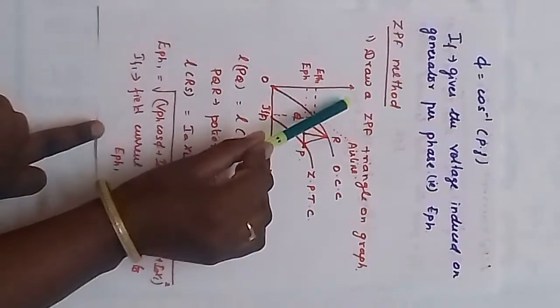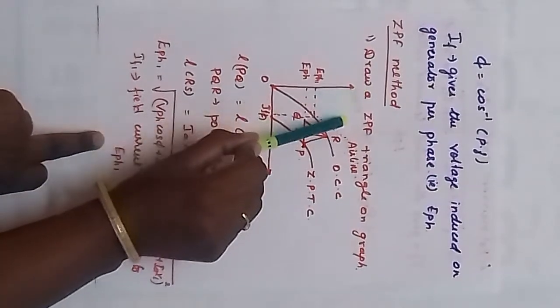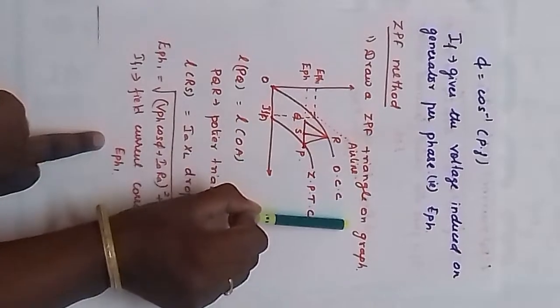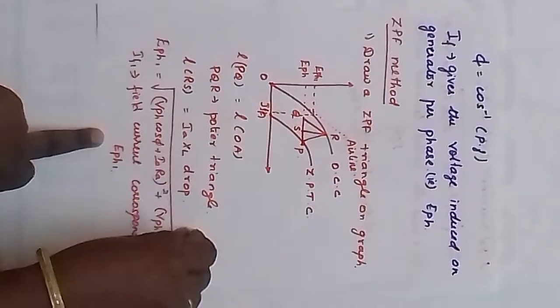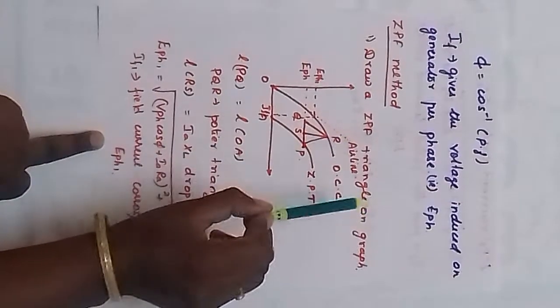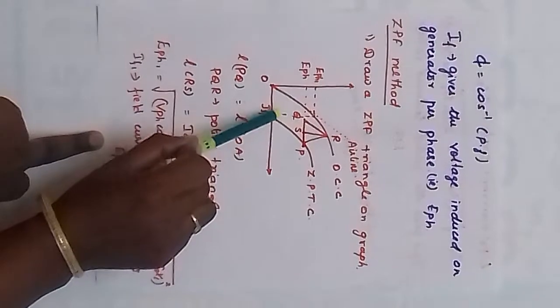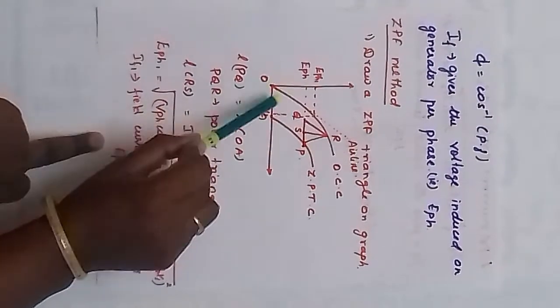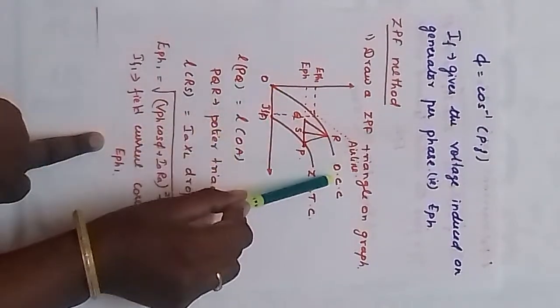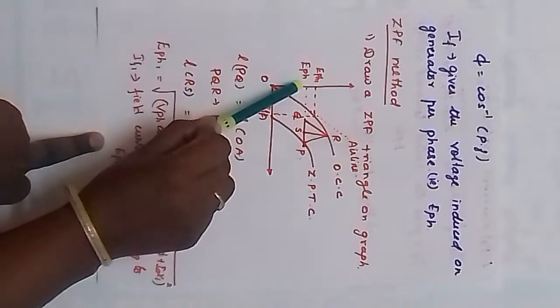And then the ZPF method. In the ZPF method, first of all we have to draw the ZPF triangle. Then only can we solve the problem. To draw this ZPF triangle, first of all we need two different sets of test data. First one is the open circuit characteristics, which is drawn between field current and open circuit voltage.